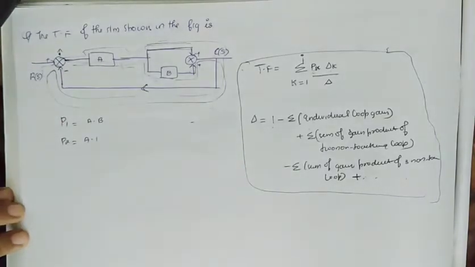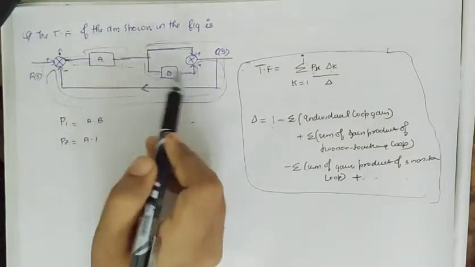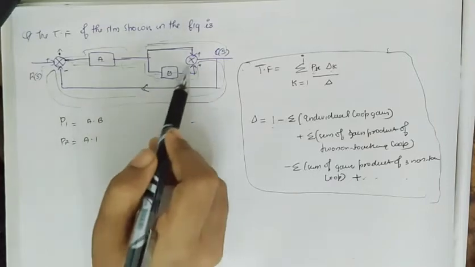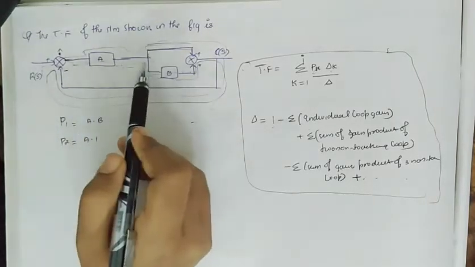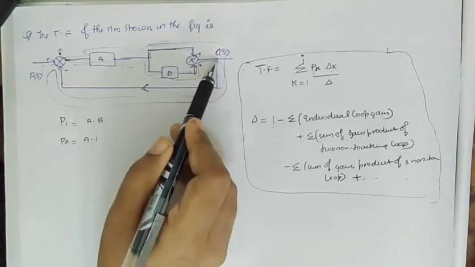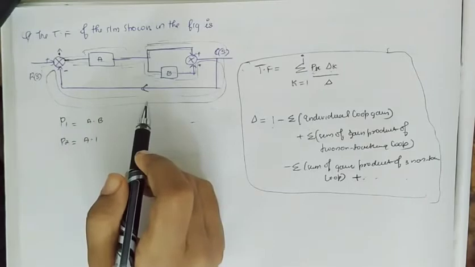So there are two loops. Both of these loops are touching the forward path. The first forward path is touching this loop, and the second path, A like this, is also touching our loops. So there is no non-touching loop over here.